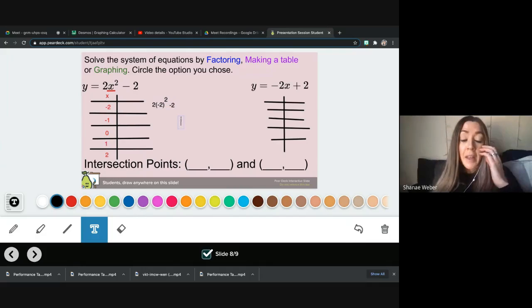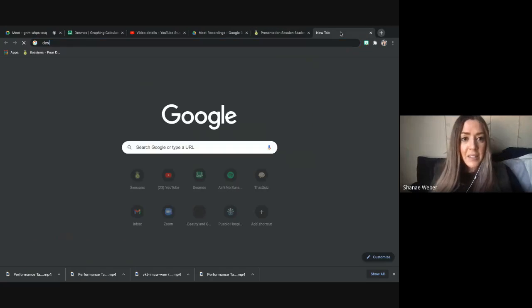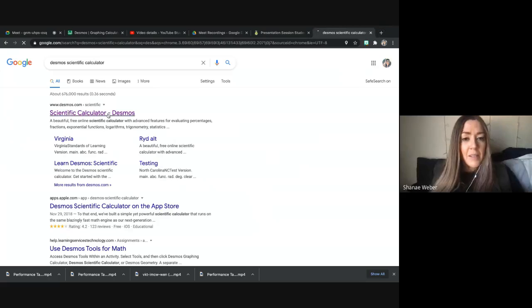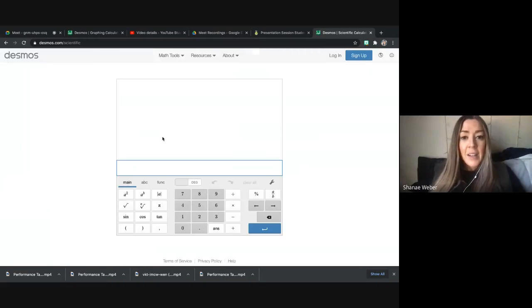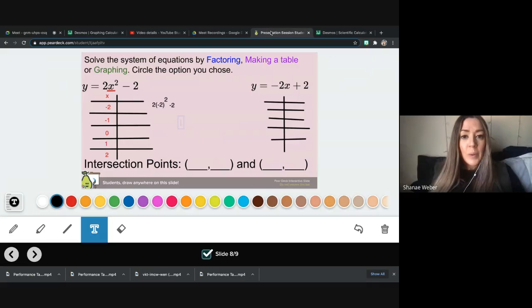Now, instead of doing that math, you can just use that scientific calculator that I linked. Here's mine really quick. So I'm just going to type in exactly what I saw. So 2 parenthesis -2 parenthesis squared -2.